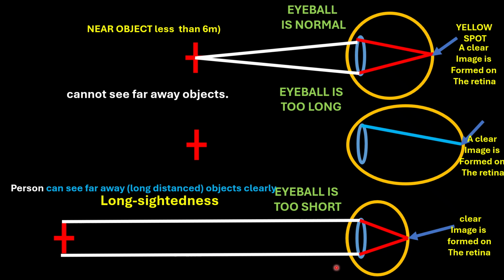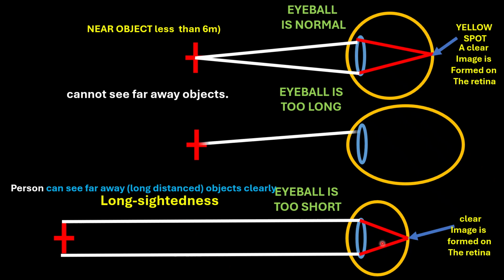By bringing the object closer, unfortunately, you can see the image formed behind the eyeball, and we know the eyeball is too short. So the object actually wouldn't form well. Unfortunately, a blurred image is formed behind the retina. And what could be the possible reason?